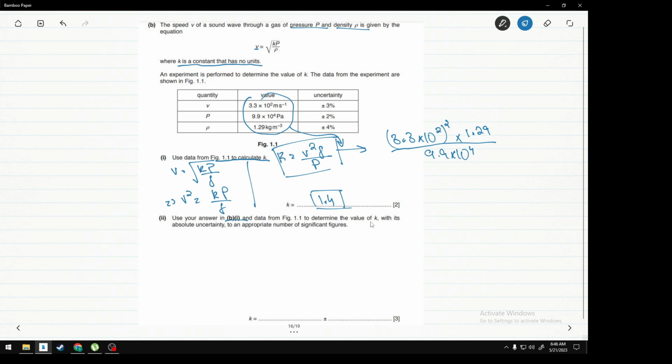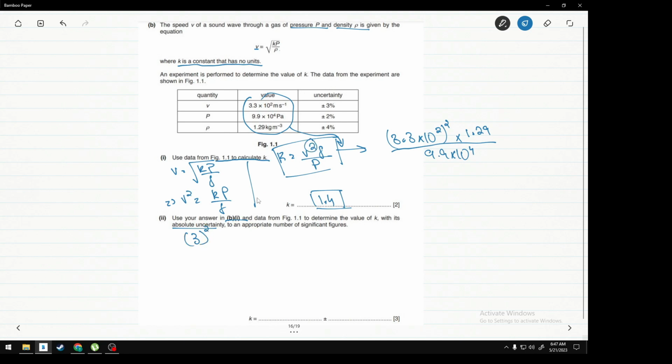Now on the next one, use your answer in B1, which is the value of K, to determine the value of K with its absolute uncertainty. Right? So we have done this in our practices. To calculate absolute uncertainties, the long process is to calculate the absolute uncertainty in each value using its percentage, and then calculate the upper bound of K and subtract the actual value from it, or calculate the lower bound and subtract it from the value of K. But what else we can do is just add the percentage uncertainties together.